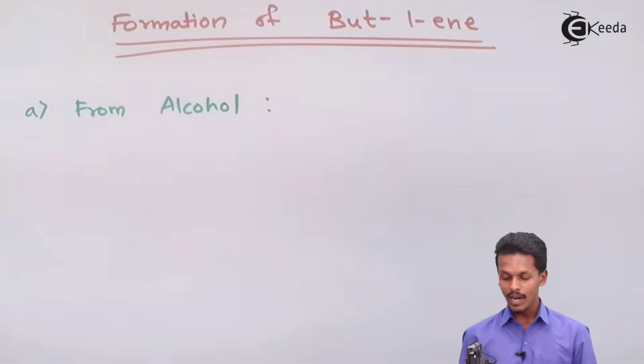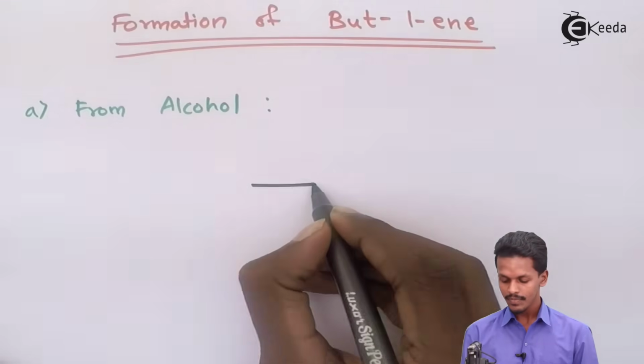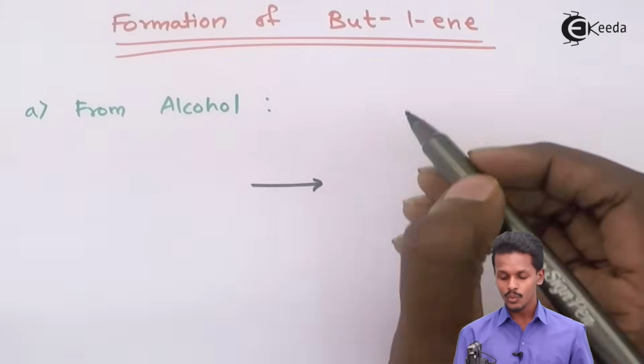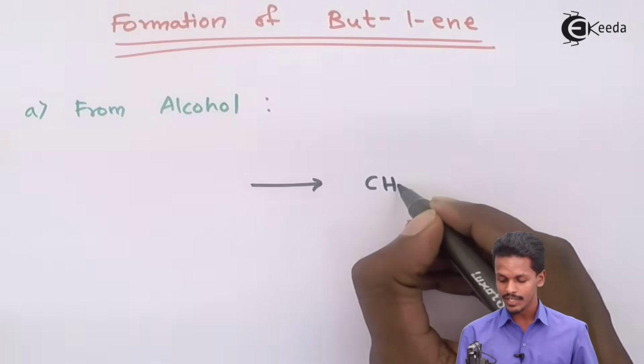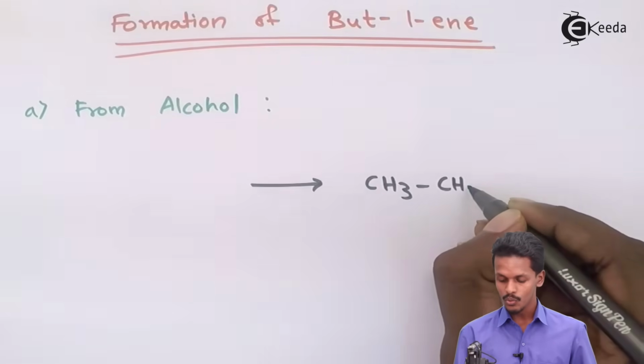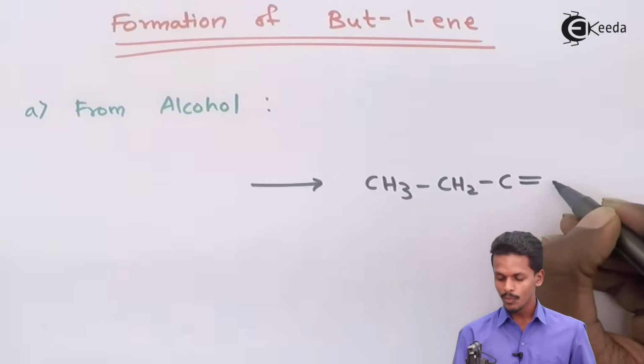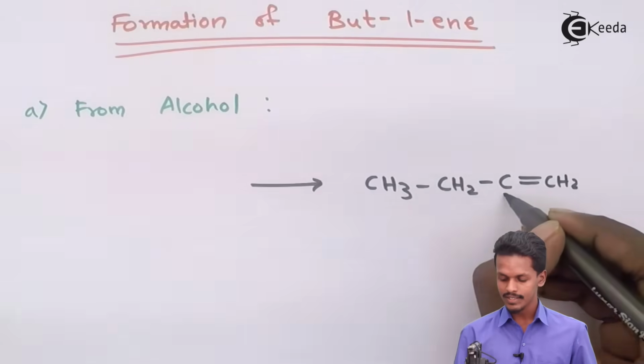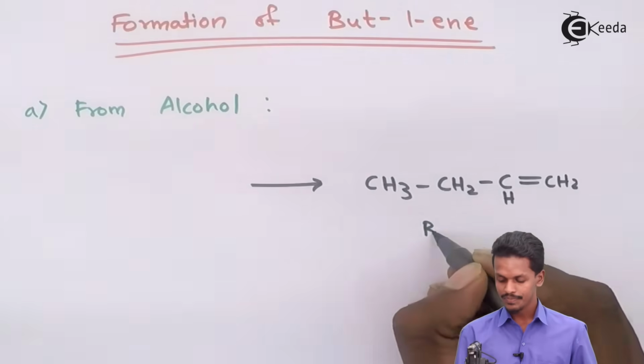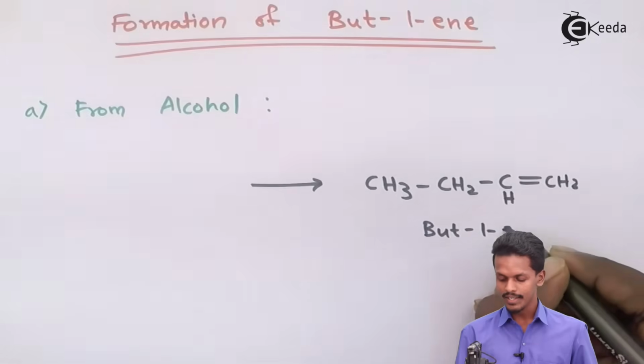Suppose I write the reaction in this manner, where we have to prepare but-1-ene. I could write the structure as CH3CH2CH=CH2.